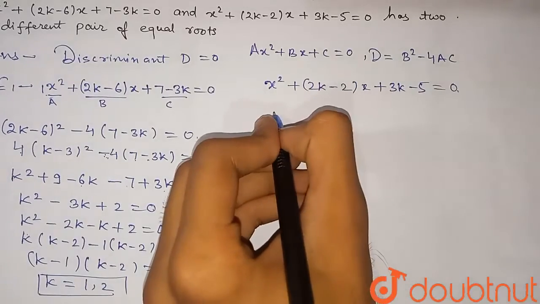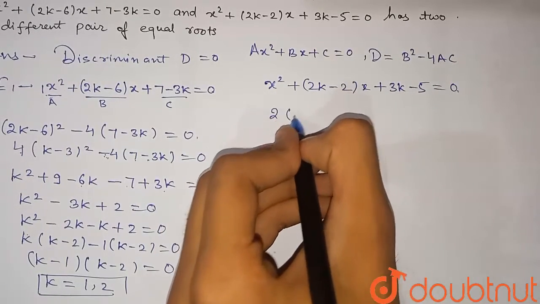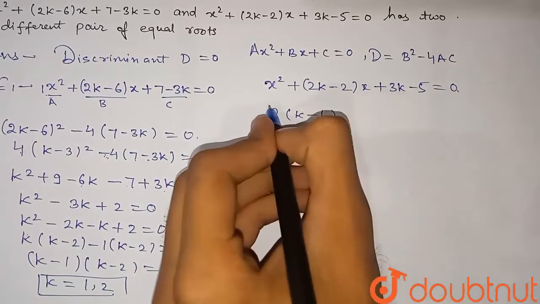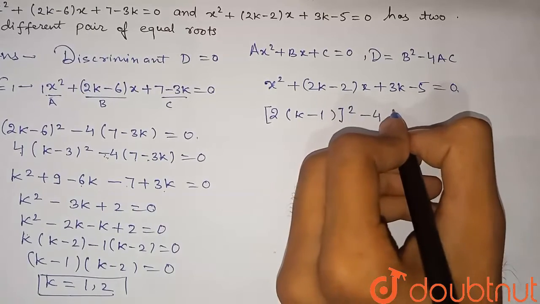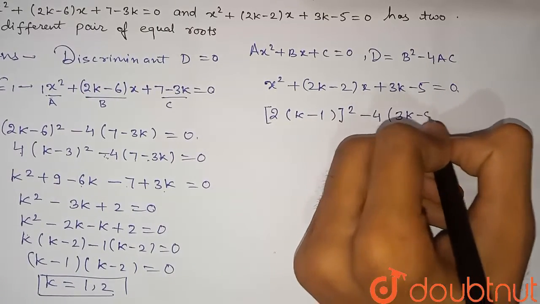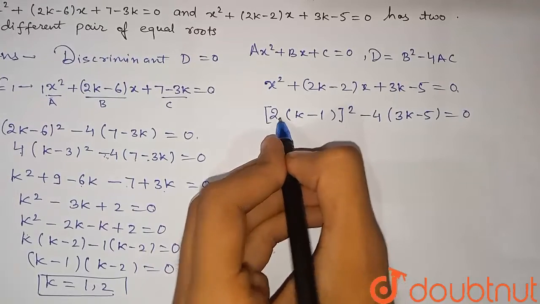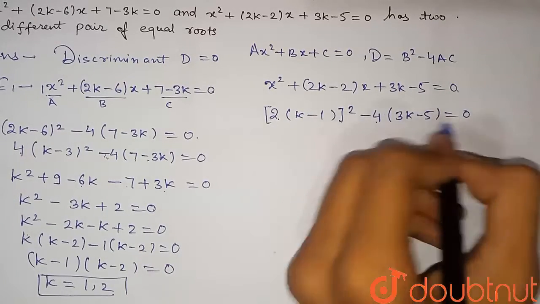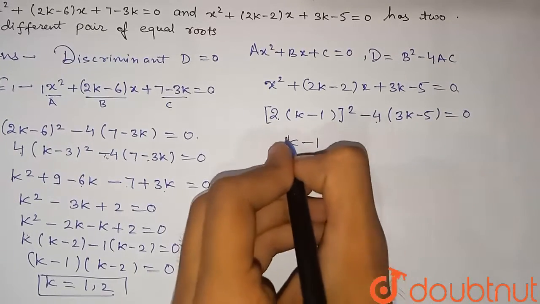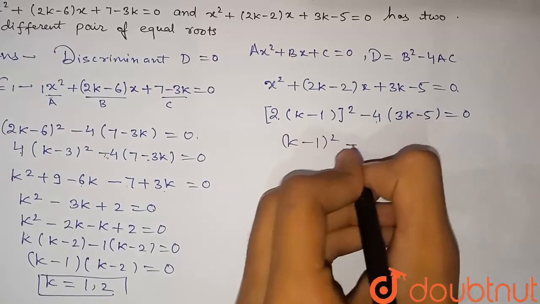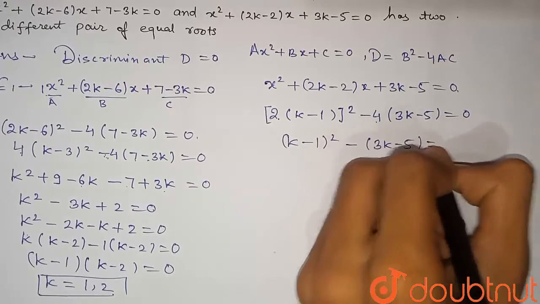Taking 2 common from 2k minus 2, it will be 2 into (k minus 1) whole square, minus 4 times (3k minus 5), equal to 0. This 2 becomes 2 square, that is 4, and 4 is also present here, so these cancel out from the 0, and the remaining term is (k minus 1) whole square minus (3k minus 5) equal to 0.